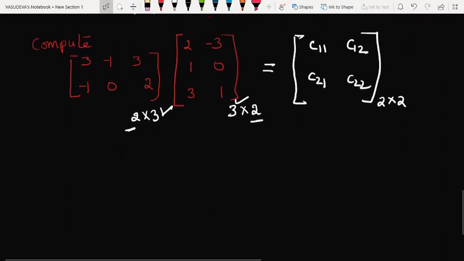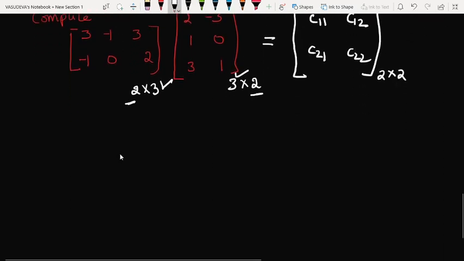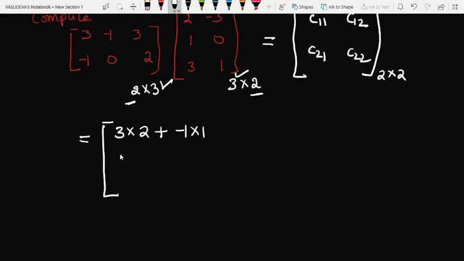Finding this now, taking the first row and the first column: 3 into 2 plus minus 1 into 1 plus 3 into 3. This is C11. Next, the first row and the second column of the second matrix: 3 into minus 3 plus minus 1 into 0 plus 3 into 1.